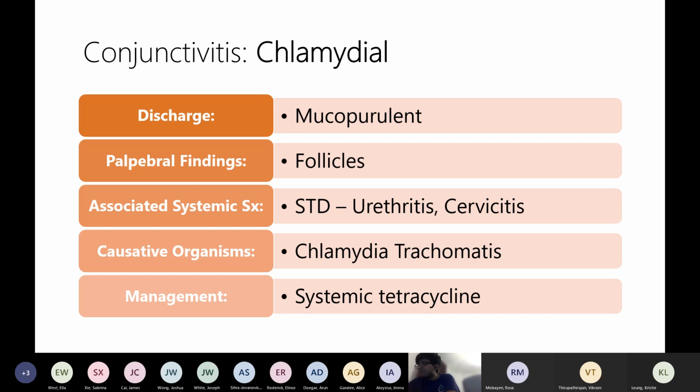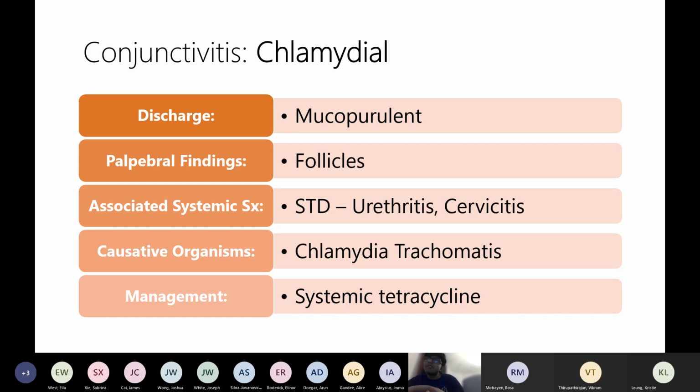You might not have done mod B, but you can probably still guess. Painful urination because they get urethritis, dysuria. Yeah, absolutely. Or if it's female, they might also have cervicitis. Those are the important ones. Causative organism is Chlamydia trachomatis.